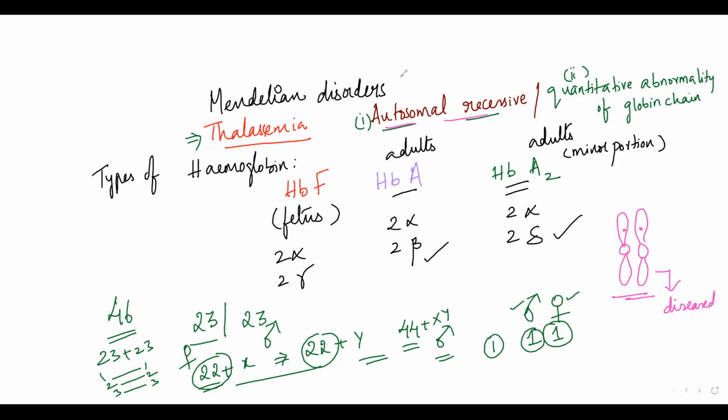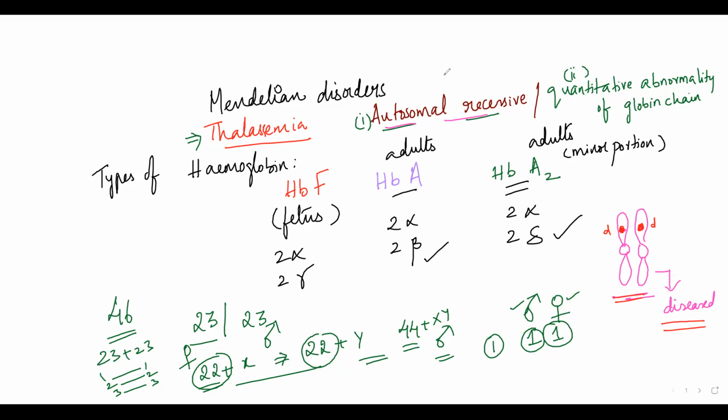If this is a diseased gene and both of them carry it, only then is the individual going to be diseased. I told you that if the mutation is only in one, it is different, but if it's in both, I'll show you the conditions.